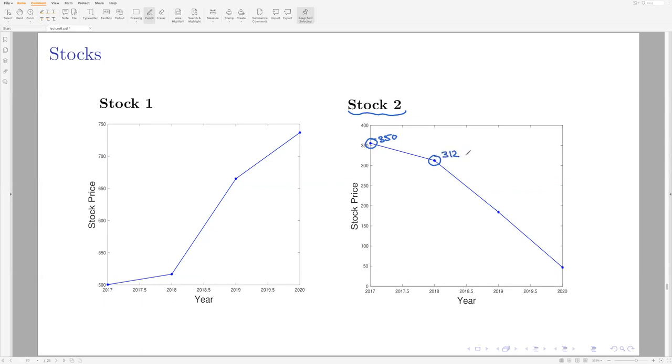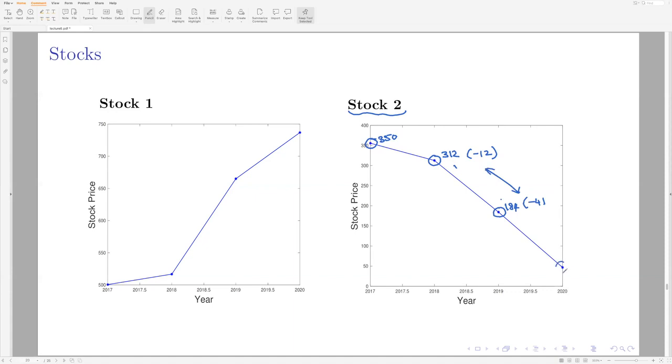Thereby, you are actually losing minus 12% in this 1 year. And then the next year, that is 2019, it came to 184. Therefore, from here to here itself, you have minus 41%.